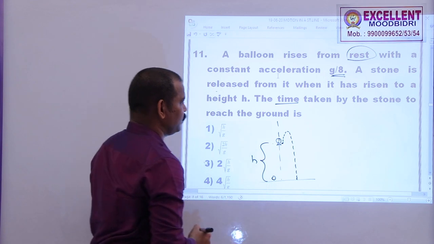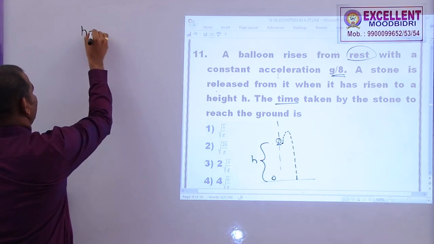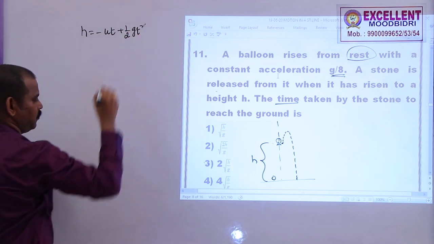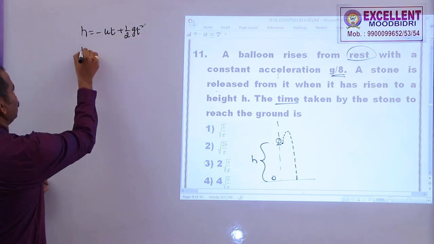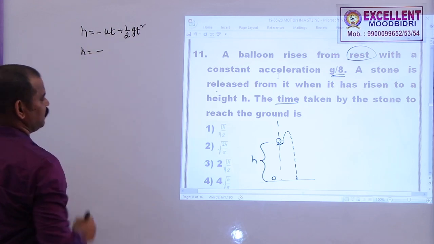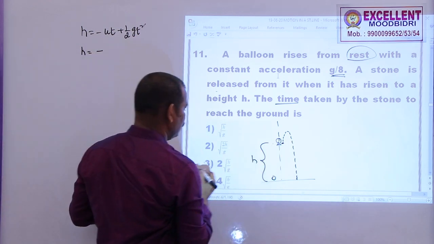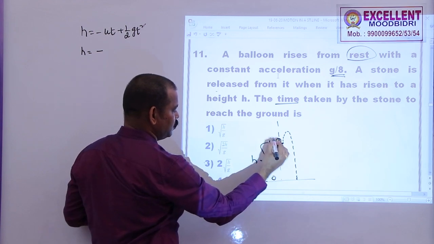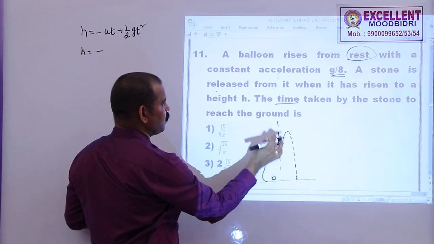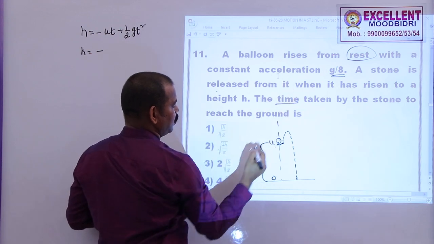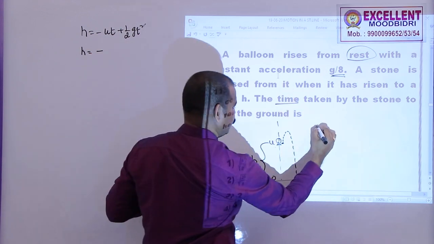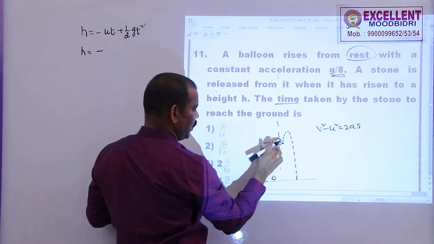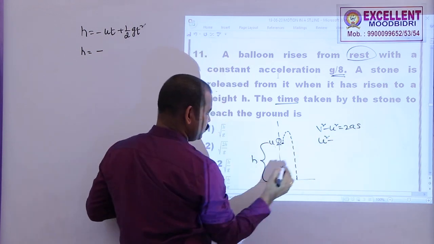To find this, we have a direct formula: h is equal to minus ut plus half gt squared. What is the height from which it is falling? h. And what is the velocity here? Velocity of the balloon is 0 at the start. Let us say the velocity here is u. The velocity of the balloon is equal to the velocity of the stone dropped. To find this velocity, we use v squared minus u squared equals 2as. The final velocity is u, the initial velocity is 0.